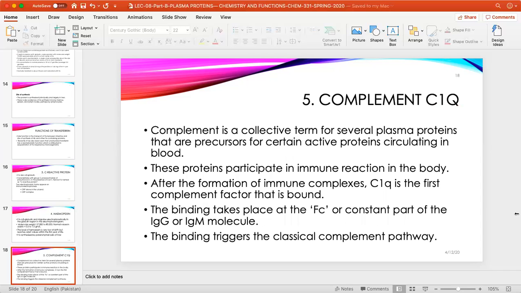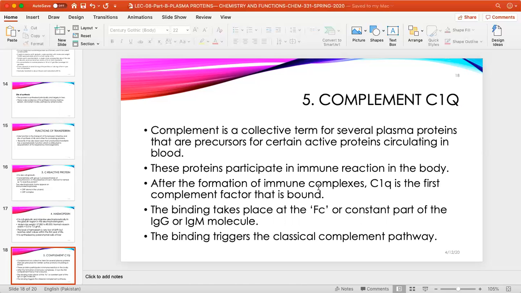Then we come to the fifth type, which is known as complement C1q. Complement is a collective term for several plasma proteins that are precursors for certain active proteins circulating in blood. These proteins participate in immune reactions in the body.